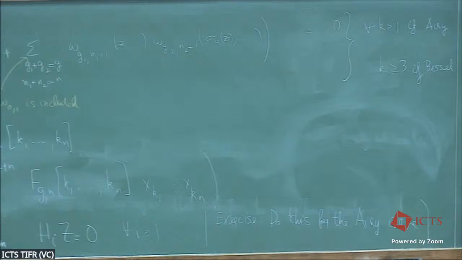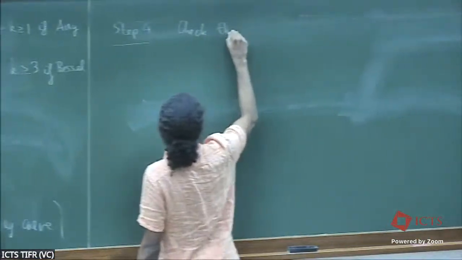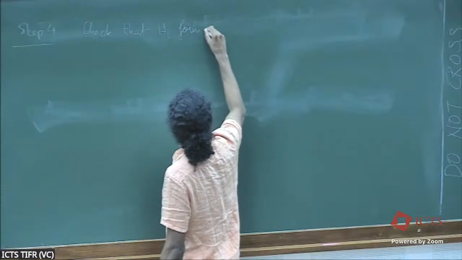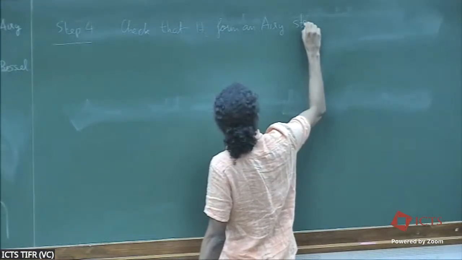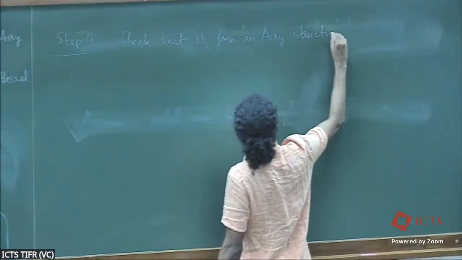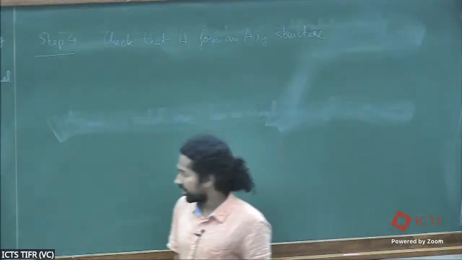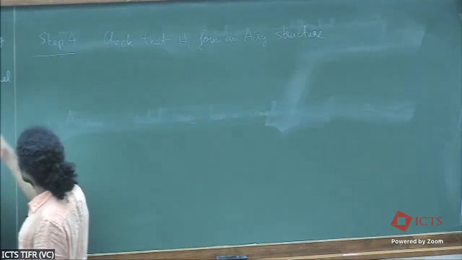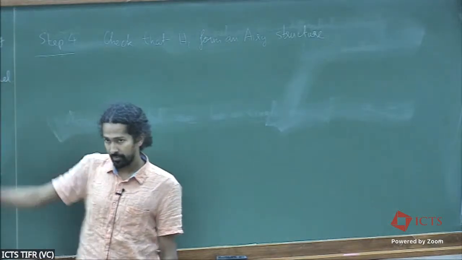So the last step: check that the H_i form an Airy structure. What you'll see is that these H_i are always going to be some Virasoro constraints. They're going to be different ones depending on whether the ramification point is of Airy or Bessel type.